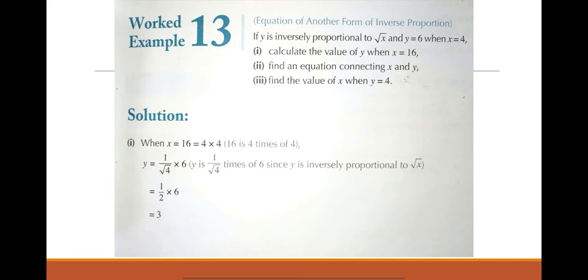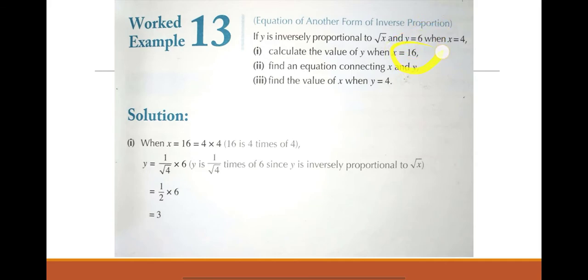Okay, now let's get back to the explanation that the textbook gave on number 1. We can see that the textbook is using a different approach, but still gives the same result, right? What we are doing here is kind of just a logical way. It says when x is 4, y is 6.